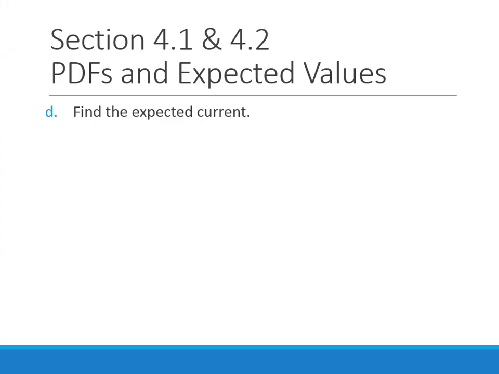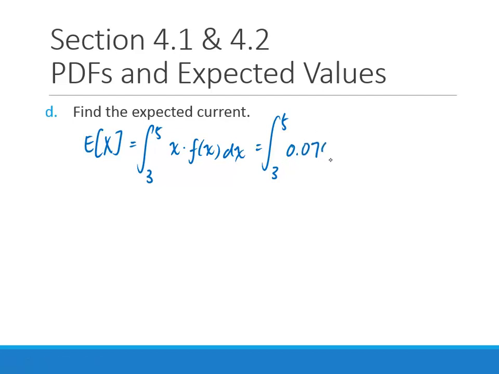So again, the expected value of x is the integral over 3 to 5 of x times f of x, just adding an extra x in there. Integral from 3 to 5 of 0.075 x squared plus 0.2 x dx.